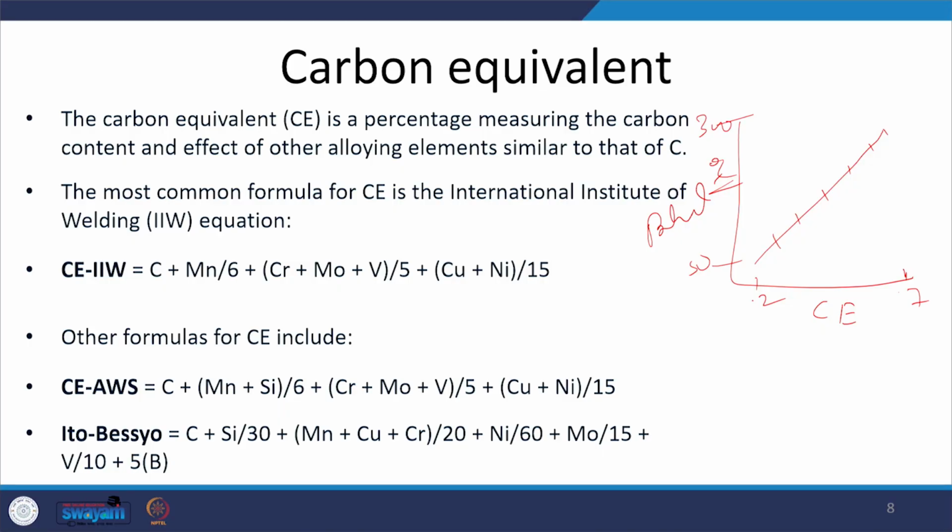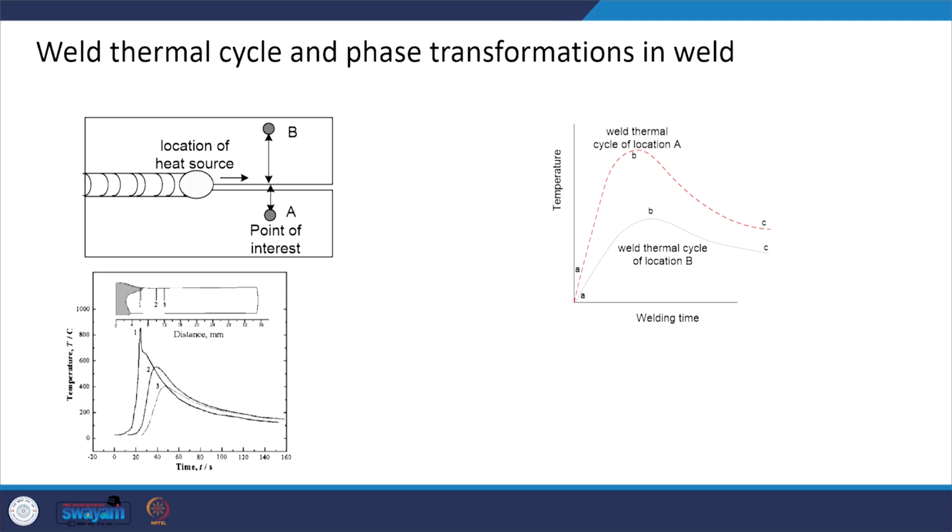So, preheating can minimize the issues related to the high carbon equivalent in terms of embrittlement, cracking and residual stresses also, but this is more difficult, and that is why carbon steels with carbon equivalent less than 0.5 can be welded using suitable preheat. Why do all these things happen? That is what we will try to understand.